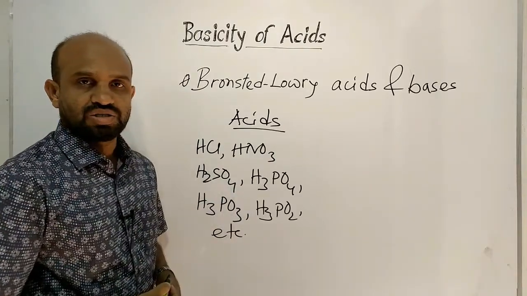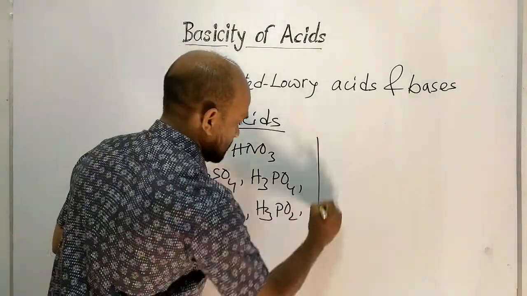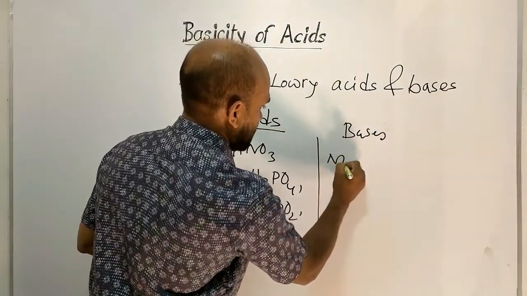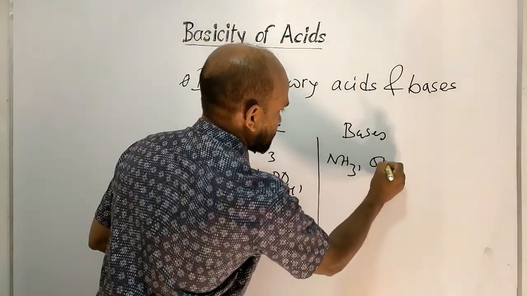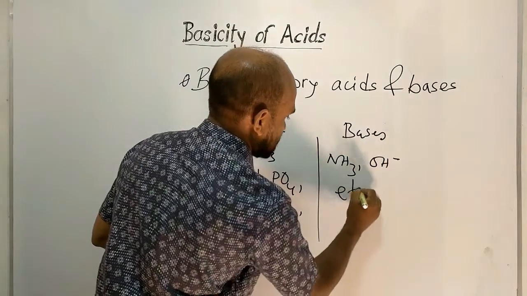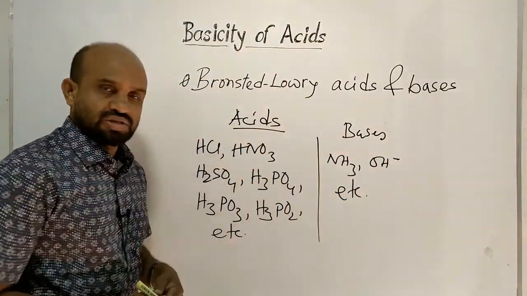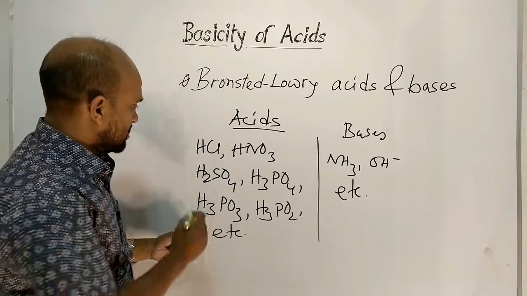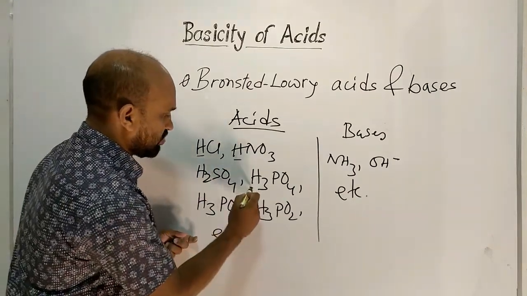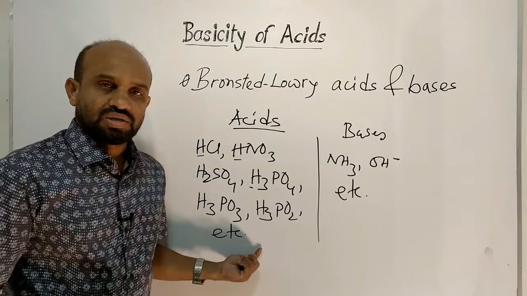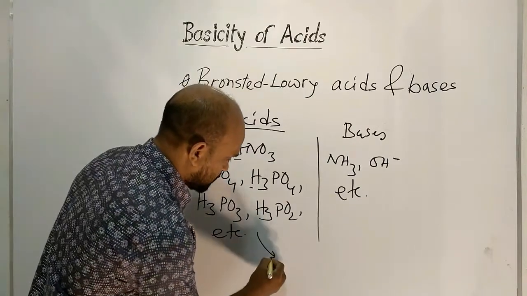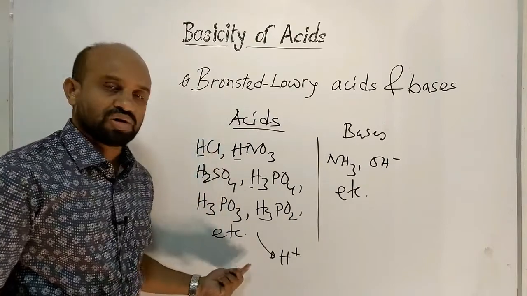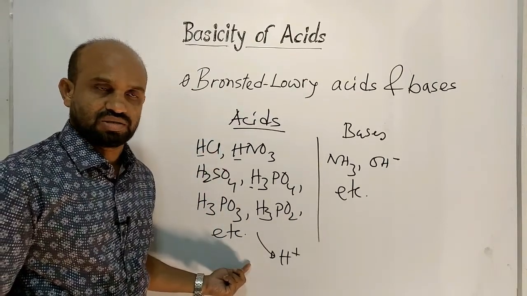And Bronsted-Lowry bases are ammonia, hydroxide ion, etc. Now let's see the definition of Bronsted-Lowry acids. The hydrogen containing compounds that produce protons, those compounds are called Bronsted-Lowry acids.